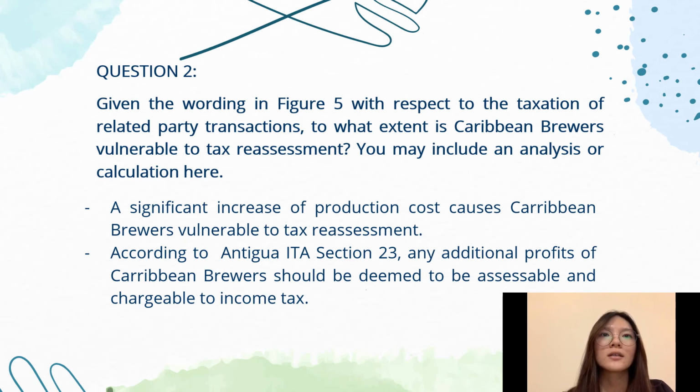This is because Columbia Bourbon only invoiced the exported Gerlach beer for $25 per case, which is less than the production cost per case to Gerlach Caribbean. This means less profit than expected. Here, according to the Income Tax Act Section 223, any additional profit of Columbia Bourbon should be deemed to be assessable and chargeable to income tax.